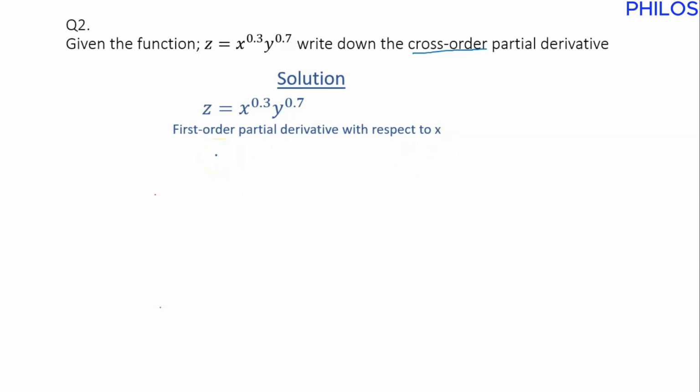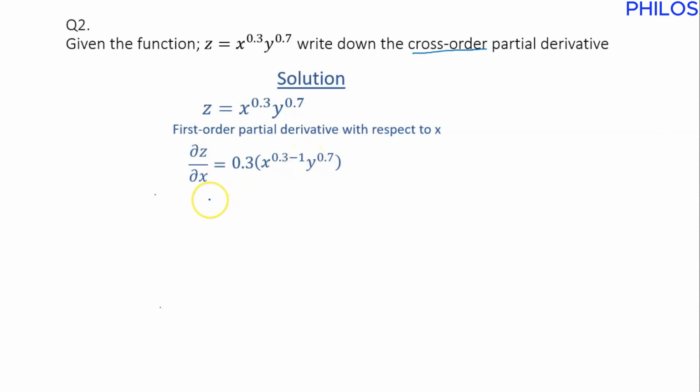Differentiating z with respect to x. So partial z, partial x will be equal to. Now, since I'm differentiating with respect to x, y is going to be considered as a mere coefficient of x. Okay. So we multiply the whole thing by the exponent of x and subtract 1 from the exponent. So what is the exponent of x? 0.3. So it is 0.3 multiplying the entire function, then we subtract 1 from the exponent of x.